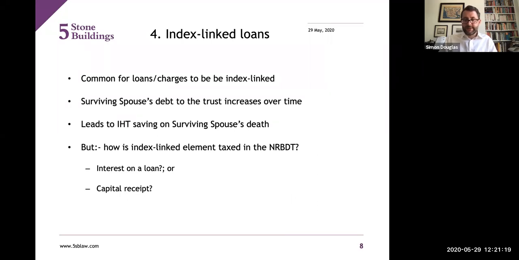So the relevant taxation regime is inheritance tax, which means that you'll pay inheritance tax at a much lower rate, you know, between 4 or 5% every 10 years, although the effective rate is likely to be much lower. So it makes a large difference whether we conceptualize the index-linked element as interest or as a capital receipt.